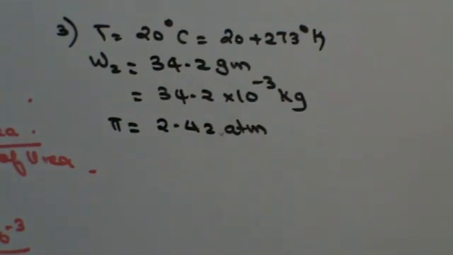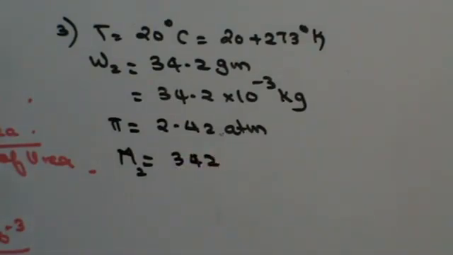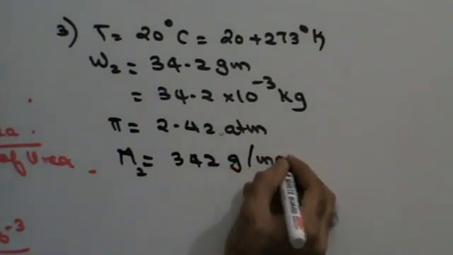Find the volume of the solution. Given that the molar mass of cane sugar is 342 grams per mole.